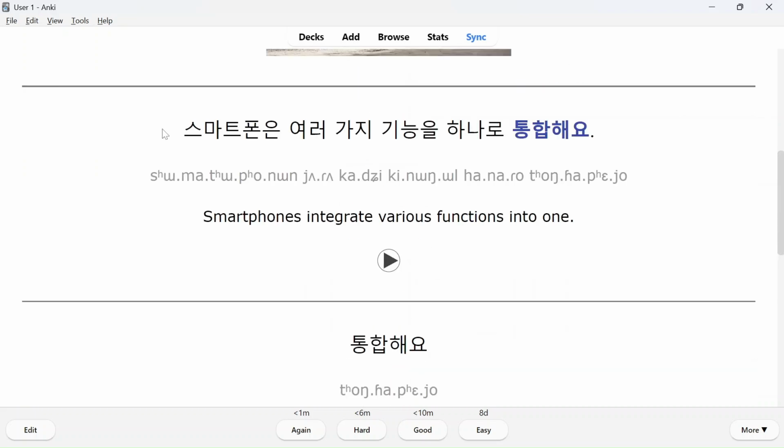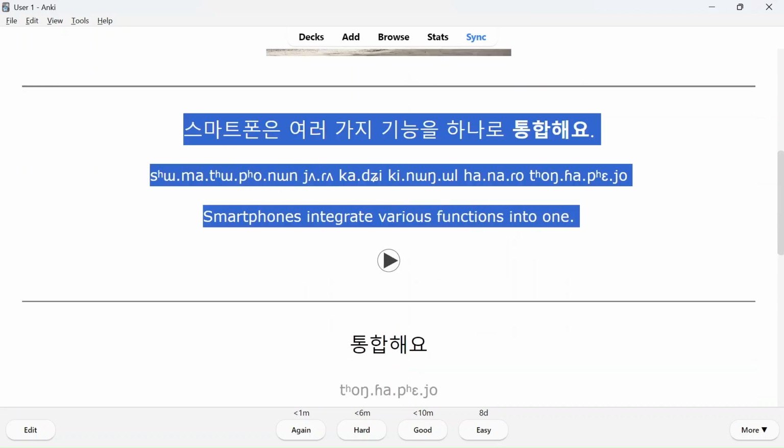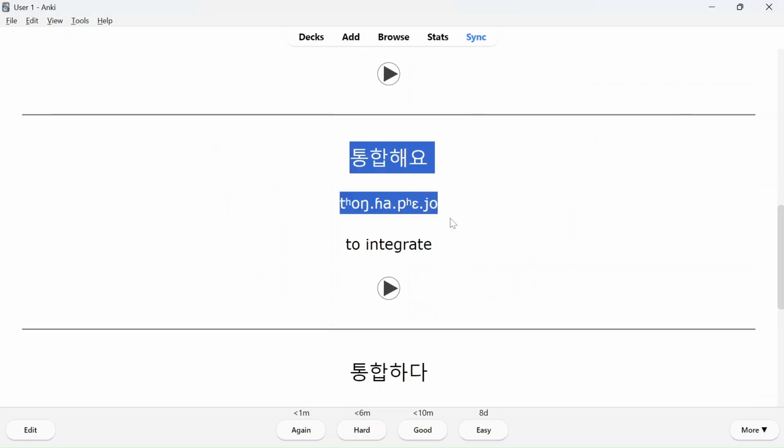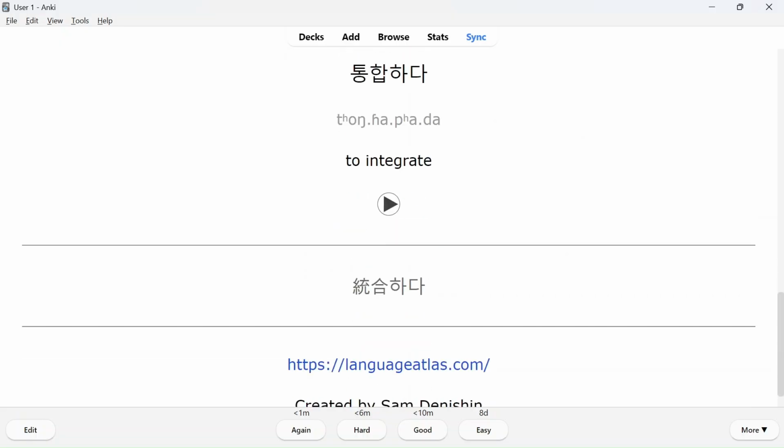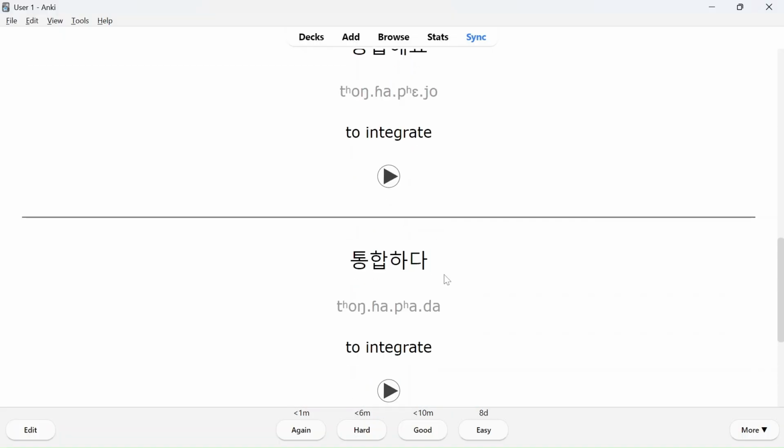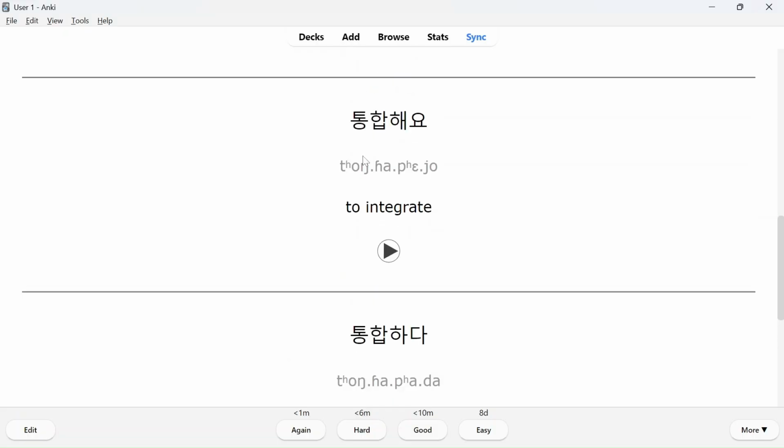Great. So similar setup. Sentence area. Then we have the polite area. We have the dictionary area. And we have the hanja. Now again, I would like to note just one more time. We have the polite form over here. And notice the yo ending. 통합해요.